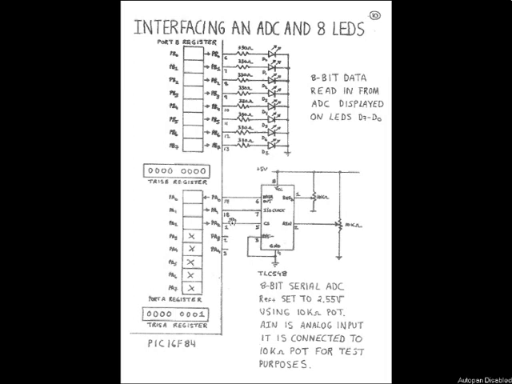That's pins 17, 18 and 1. Those 3 lines are connected to pins 6, 7 and 5 of the analog to digital converter. So my analog to digital converter communicates with the PIC microcontroller over those 3 port A lines, PA0, PA1 and PA2.